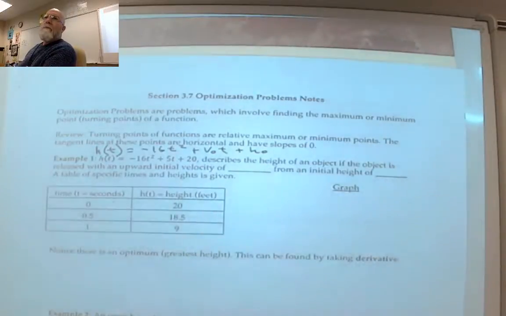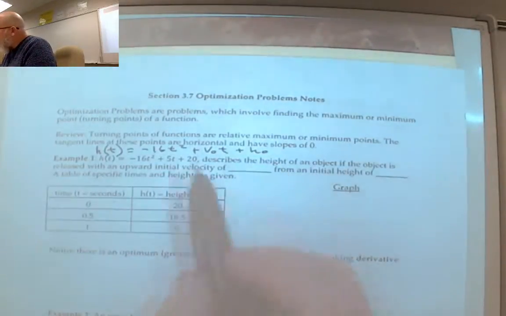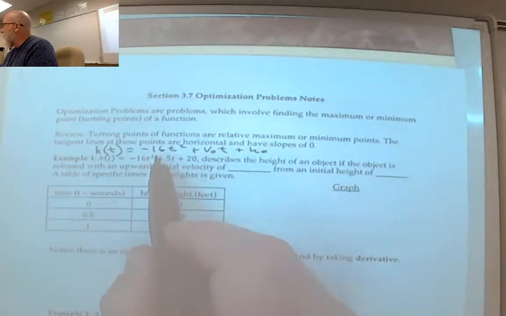Because it's 1/2 g, a negative 1/2 g, so it comes down to negative 4.9t squared plus v sub 0 t plus h sub 0, because physics does meters per second. I wish we did meters per second, but AP does feet per second. So this is what I call the gravitational constant.